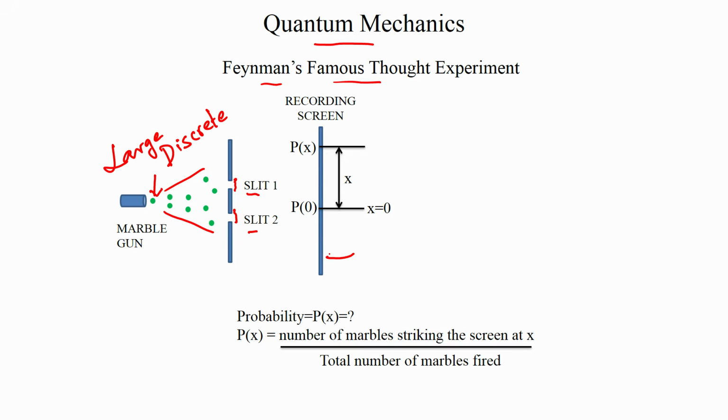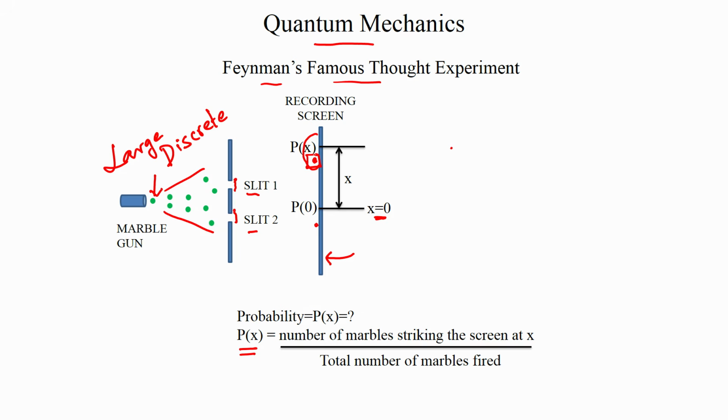So we have a recording screen here, and these little marbles will come and stick onto this recording screen. What we want to find out is how many marbles were collected at some point x from some reference x equal to 0. If you define this point on the screen as x equal to 0 and you vary this distance as x, I want to know the probability that a marble struck the screen at this point.